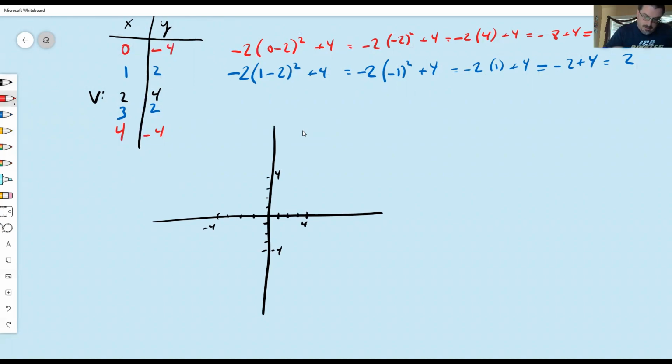We'll do 0, minus 4, which is right there, plus 1, 2, 4, it's our maximum right there, and then 3, 2, and at x equals 4, y is minus 4.